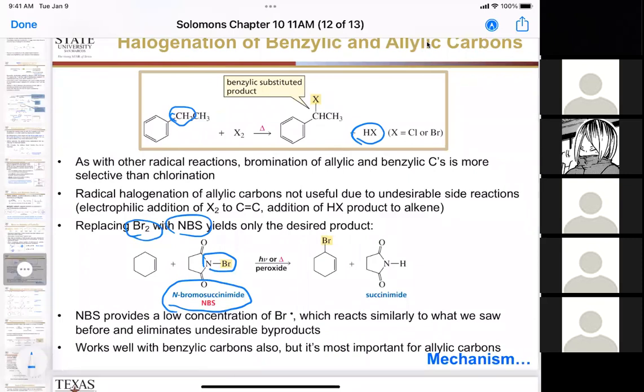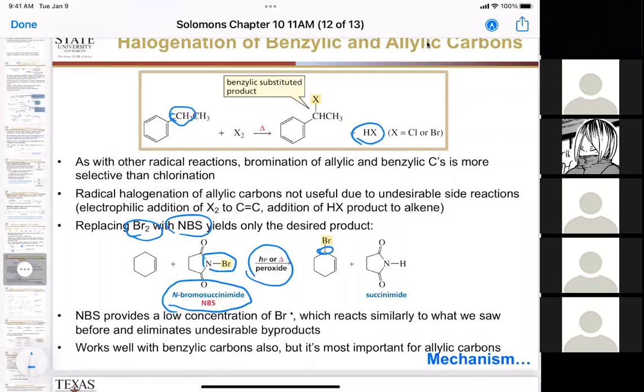And so what we do is we change the system. We use light, heat, or peroxides to do this, and we can get selective substitution at the allylic position, not hurting your double bond. So if you have a double bond on something and you want a bromine allylic to it, you're going to use NBS.